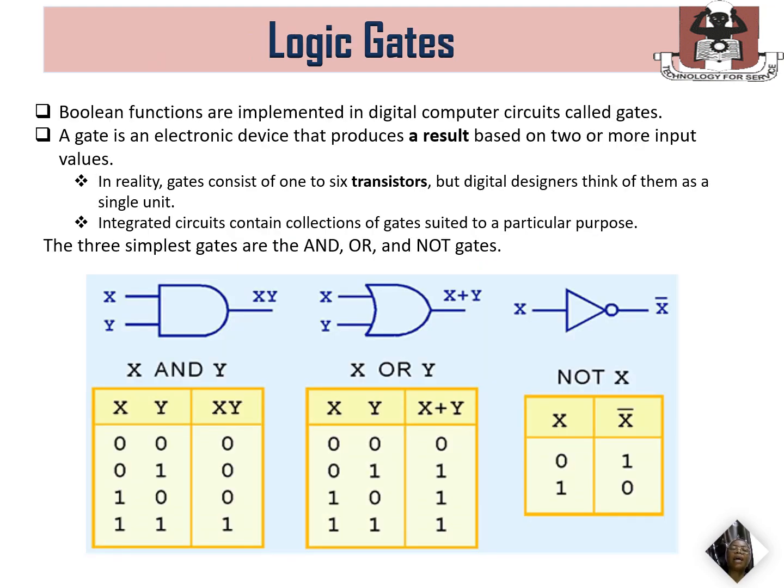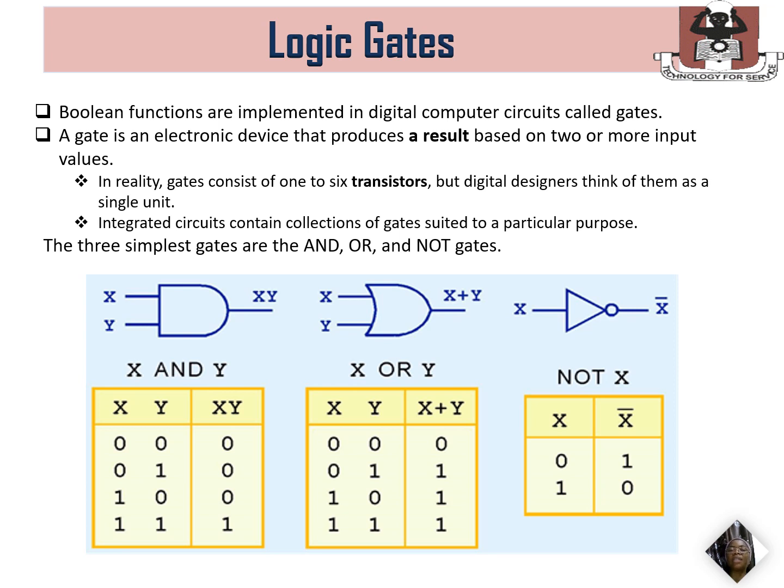So we discussed also logic gates. Boolean functions are implemented in digital computer circuits called gates. A gate is an electronic device that produces a result based on two or more input values. In reality, gates consist of 1 to 2 transistors, but digital designers think of them as a single unit.